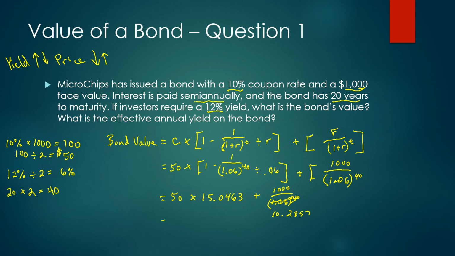All right, so let's just do this. So we have 50 times 15.0463 plus 1,000 divided by 10.2857. And so that gives us a price of $849.54.